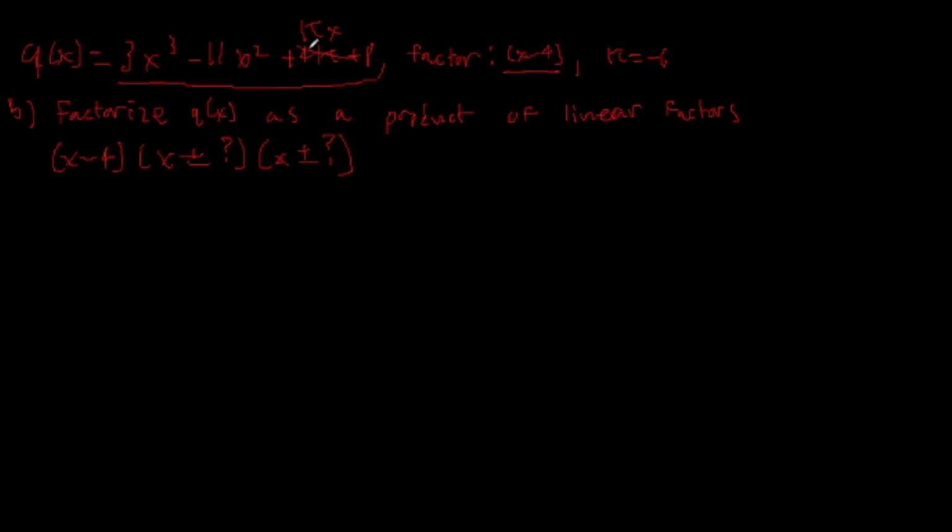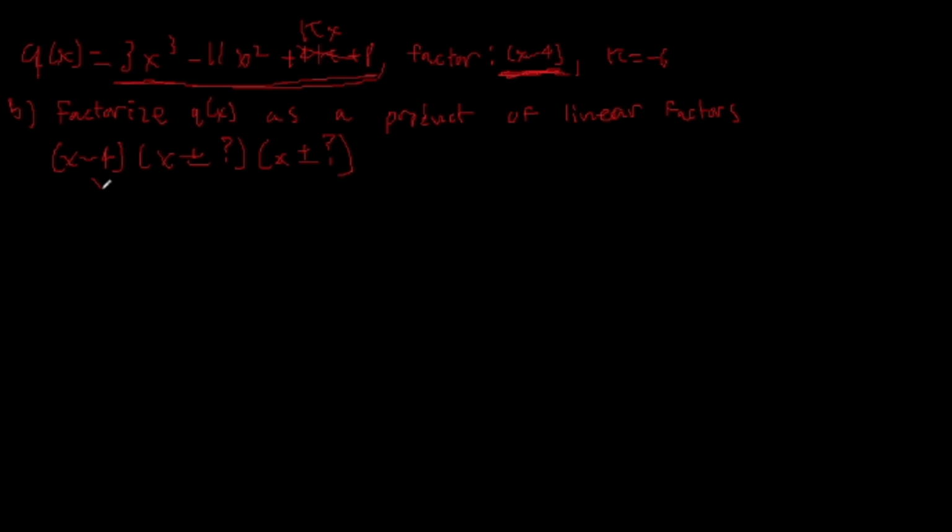But anyways, like I was saying, when you're factorizing as a product of linear factors, what I have underlined over here is a linear factor. So this entire equation that I also have underlined, we're going to get it to look something like this, where you have x minus 4 and x plus or minus something that we don't know yet, and then again times x plus or minus something that we don't know yet.